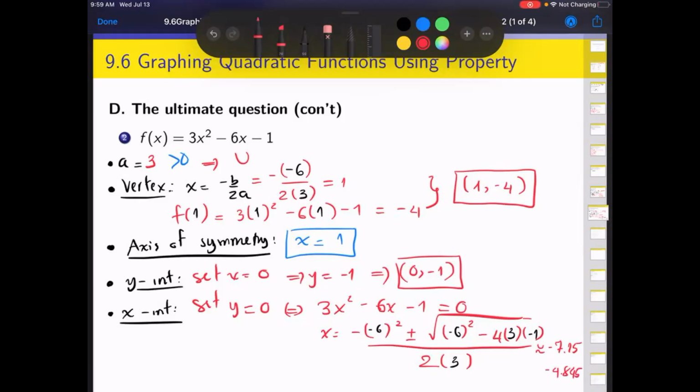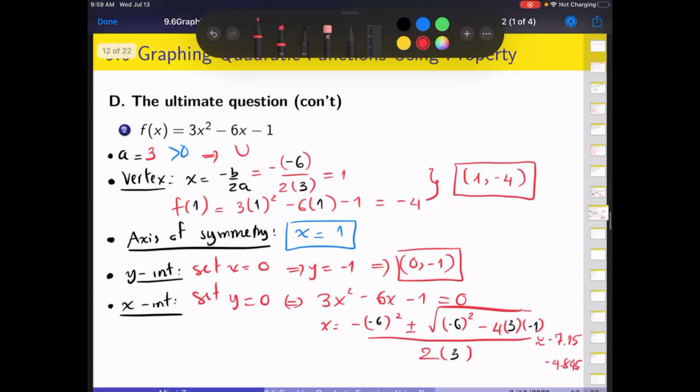At home, I'm going to make a calculator video to show you how to plug in the numbers on the calculator. People think they know how to do it, but when they actually plug it in, instead of using the opposite sign, they use the minus sign. The calculator does not like that. So we have (-7.15, 0) and (-4.845, 0).